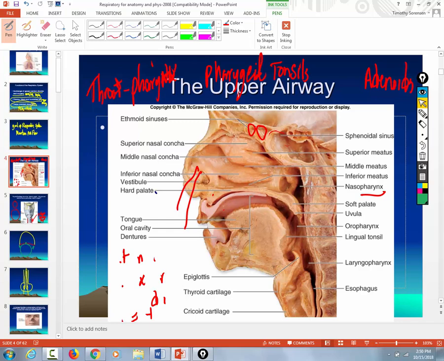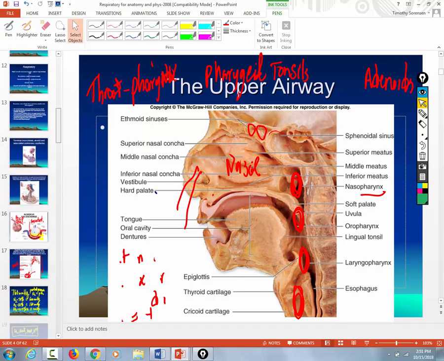Your little nostrils. And then the nasal cavity, right? Then the nasopharynx, oropharynx, laryngopharynx, and then the larynx. Are you with me, guys? Then that air is going to enter the trachea.